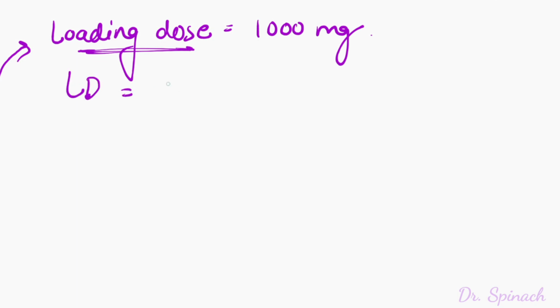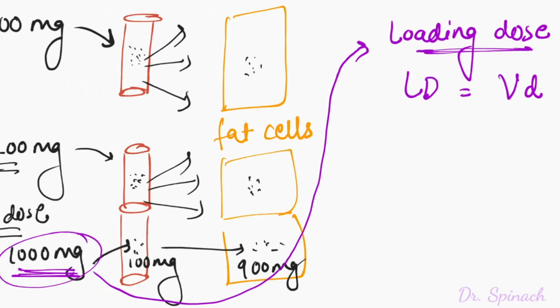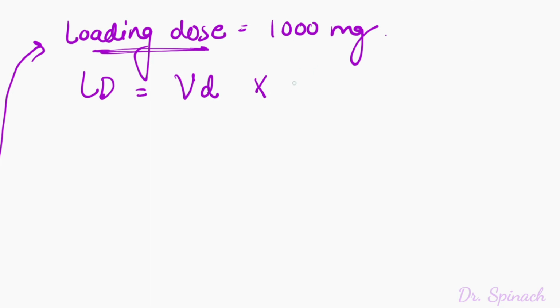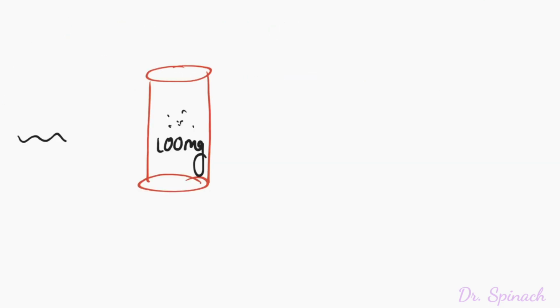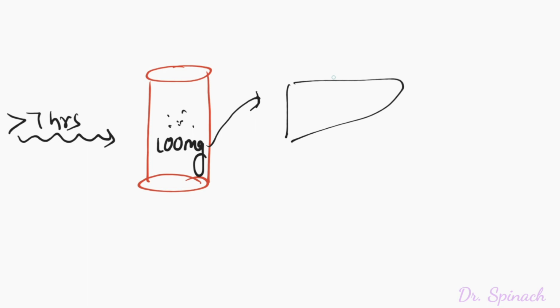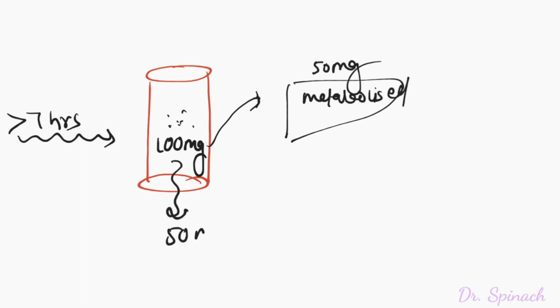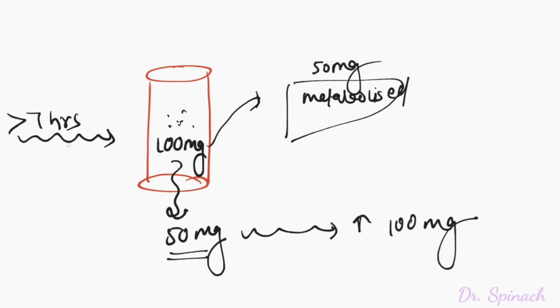Therefore, loading dose depends upon volume of distribution, which is 1000 mg, and also on the target plasma concentration, which is 100 mg. Now, let's say after 7 hours, half of the drug is metabolized in the liver, and the dose reduces to 50 mg. In order to keep the medication working, we'll have to give the drug to increase its concentration to 100 mg in plasma.